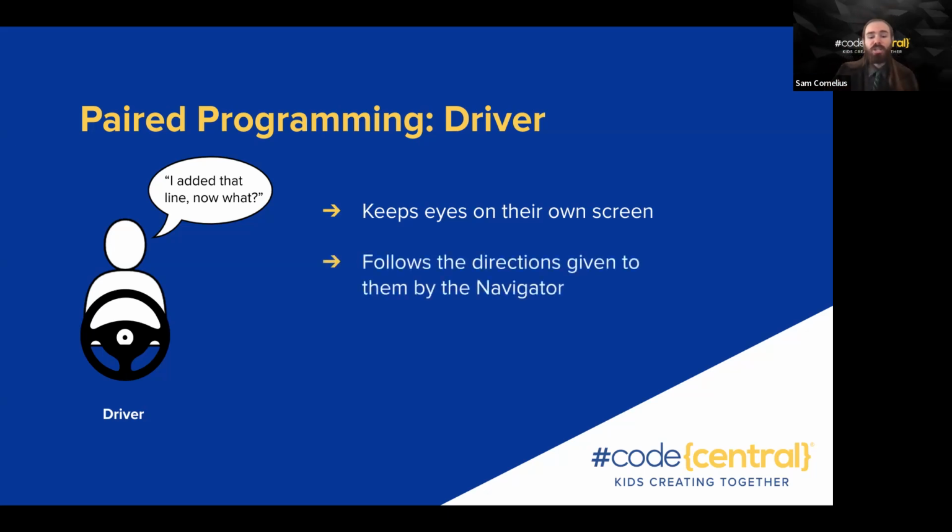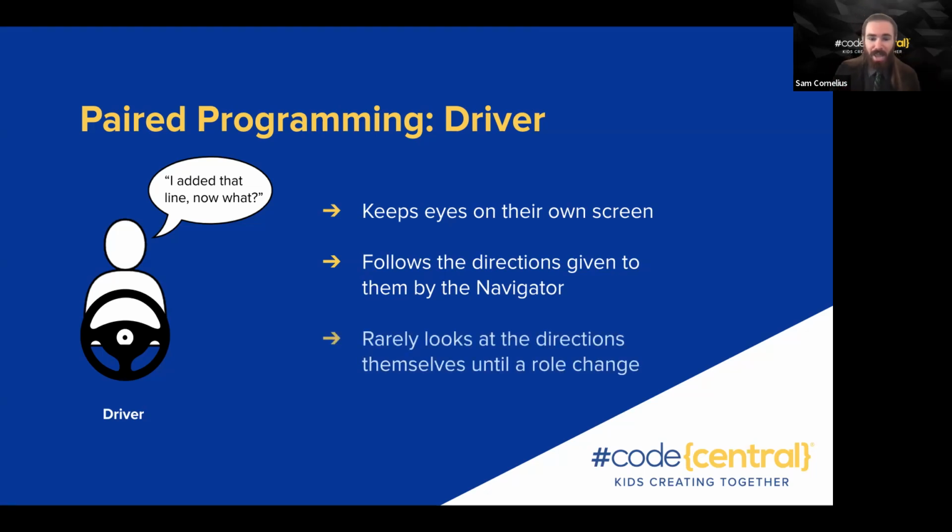They are following the directions given to them by the navigator. They are not reading the directions themselves. This is very important for paired programming to be as successful as it can be. They rarely look at the directions themselves until a role change. And the role change we'll talk about a little later, but essentially you do want to make sure that everyone gets a chance to be the driver and everyone gets a chance to be the navigator.